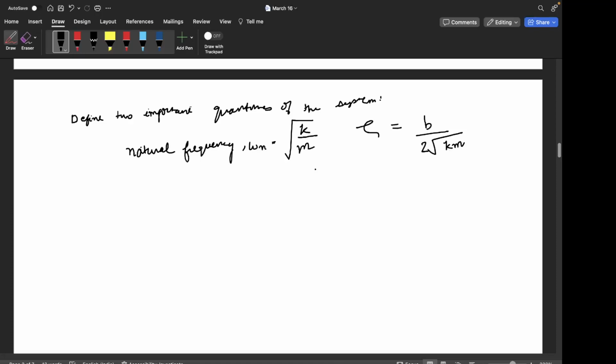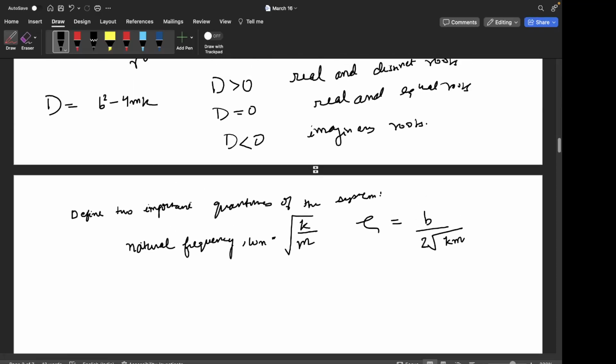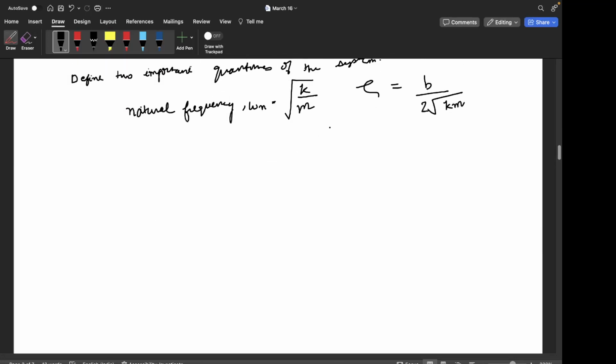And we will see that based on this number, we can classify systems into underdamped, overdamped, and critically damped. Okay, so before this, what we had is that we found the two roots of the system, which were this.